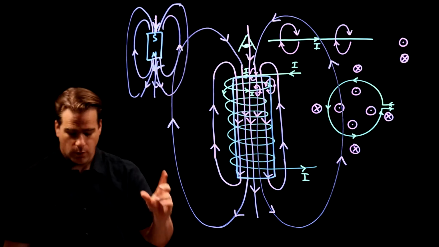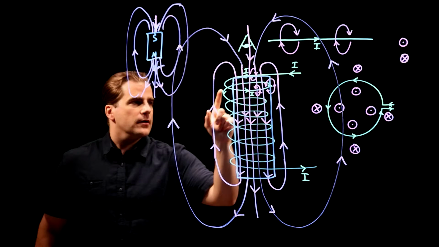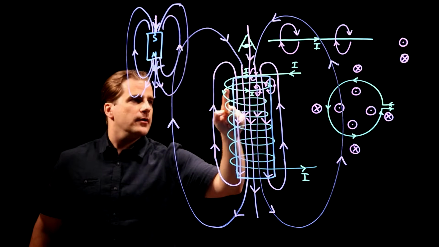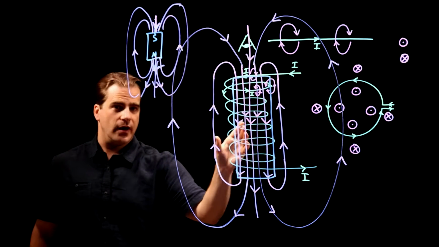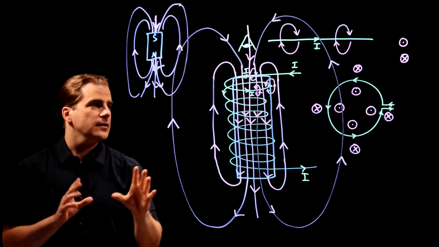Yes? Oh yeah, one more thing. I knew there was one more thing. When you wrap the wire around the iron core, the wire must be insulated. Okay?